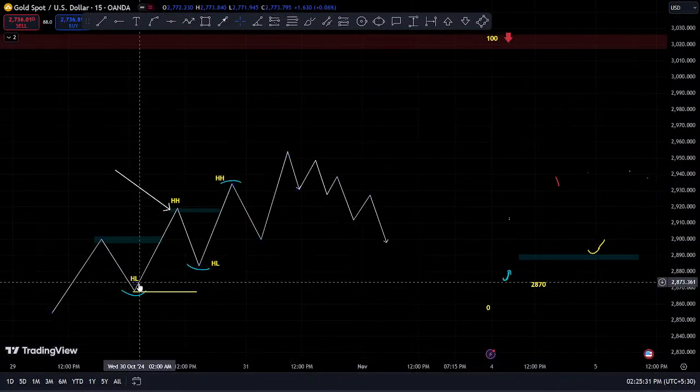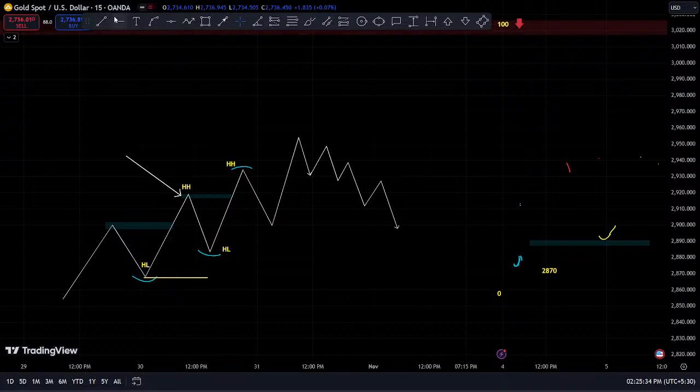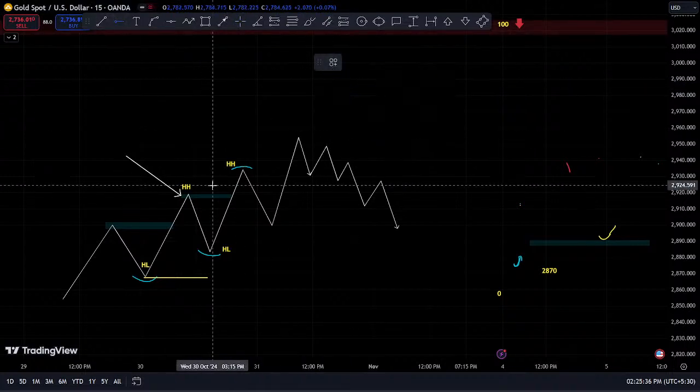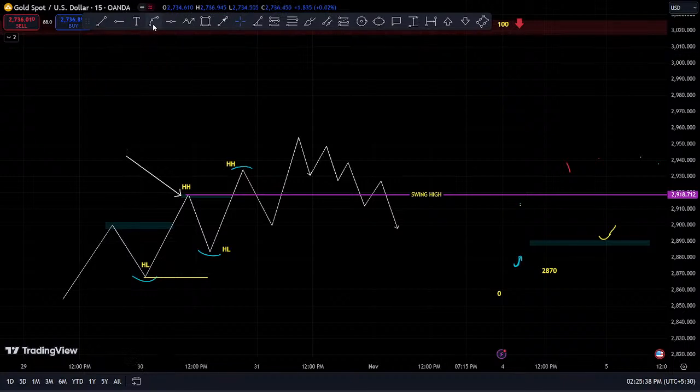So the path from here to here, we call a swing. This is the swing high, and this is the swing low.